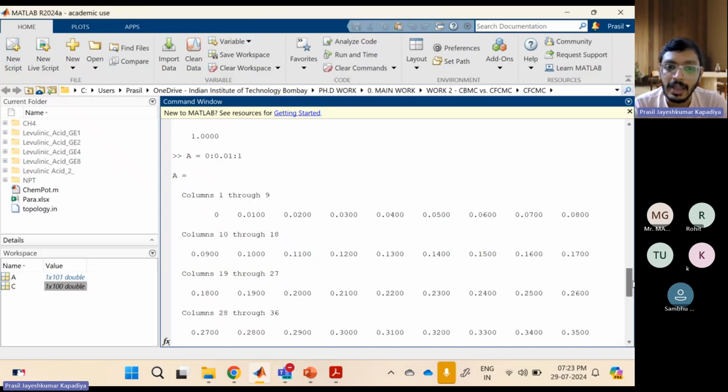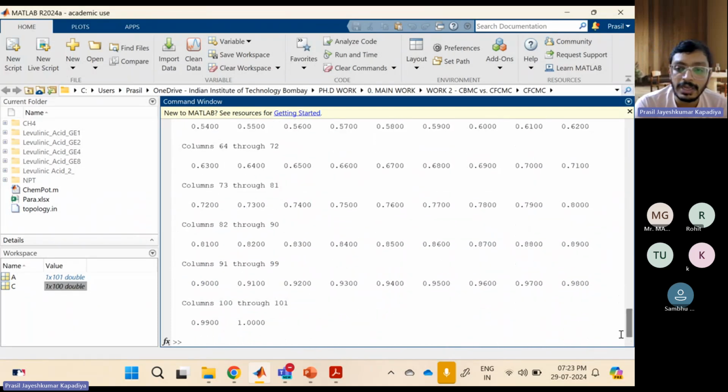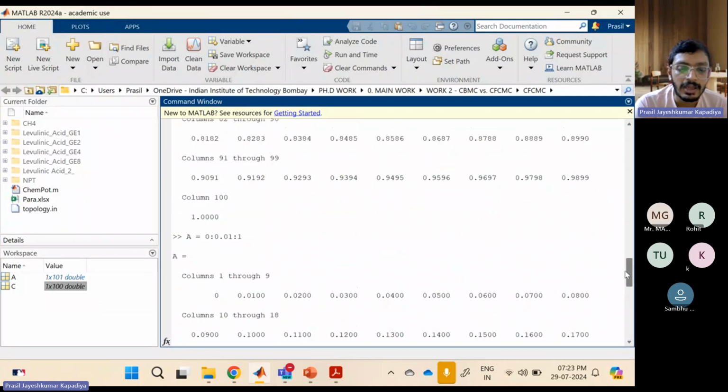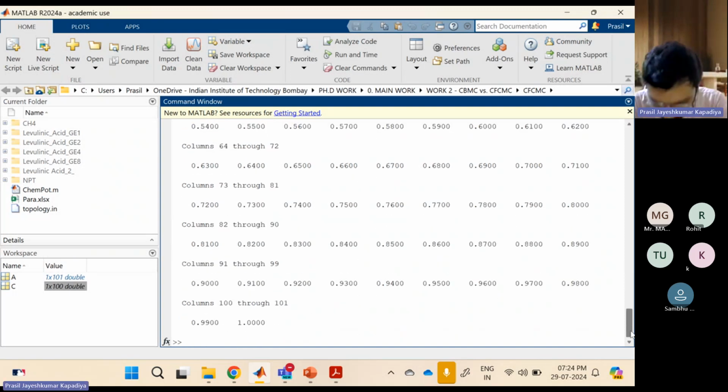The only difference is in linspace you need to give the total number of points you need in between, and in this method, when we are using it directly like this, you need to give the interval. So in interval we don't know how many points, and in linspace we don't know what the interval is. We can calculate it obviously, but we don't know beforehand. So this is really important and this is going to be useful.